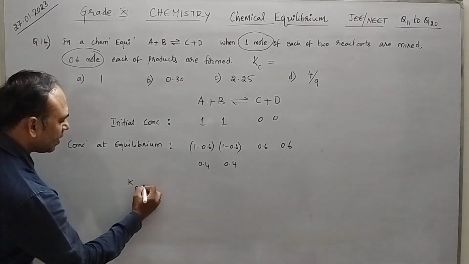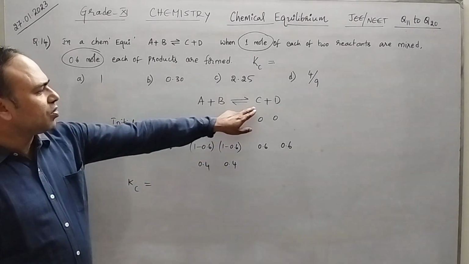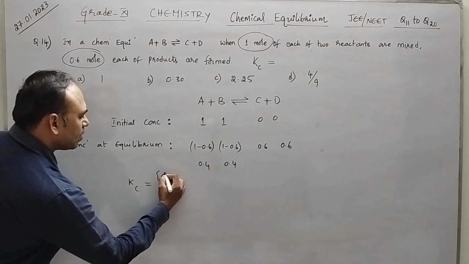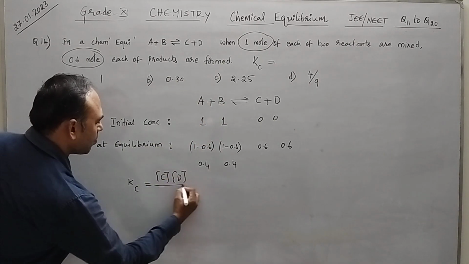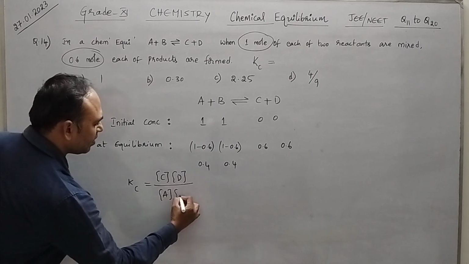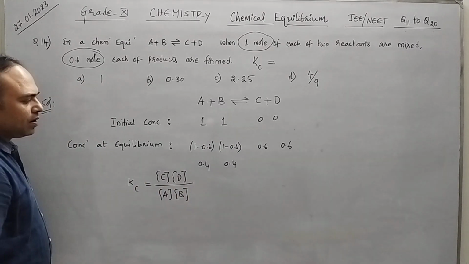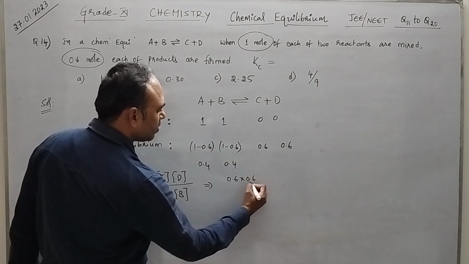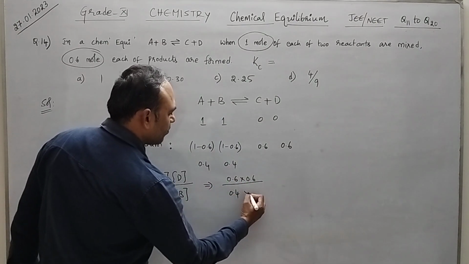Apply the formula Kc, the concentration of the products by concentration of the reactants, nothing but C into D by concentration of A into concentration of B. Substitute the values, what you get? 0.6 into 0.6 by 0.4 into 0.4.